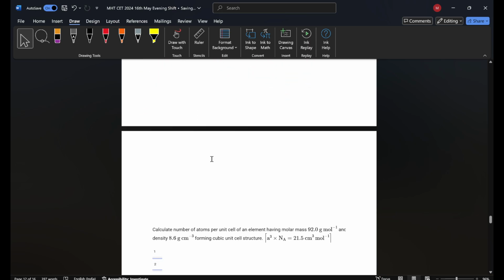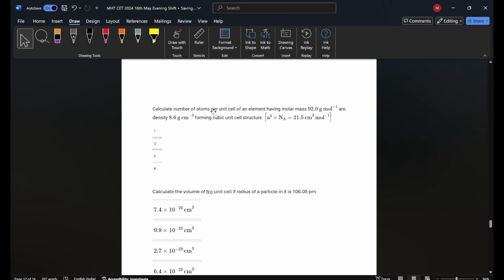I'm sorry. Same question. Calculate number of atoms of a unit cell. As I told you, this formula is inevitable. You can't avoid this. This formula for the density is a must. Density is Na into a cube, right?